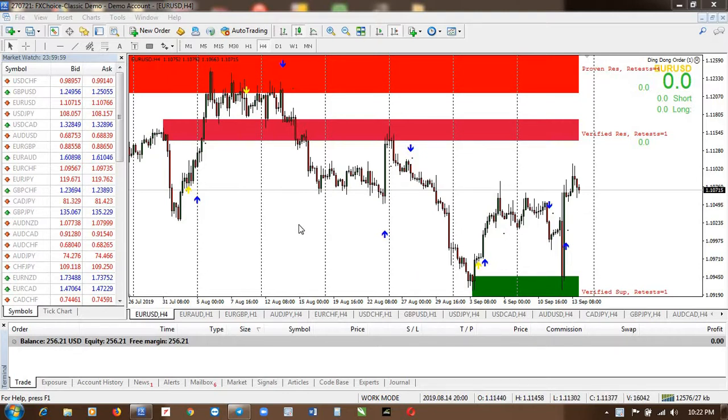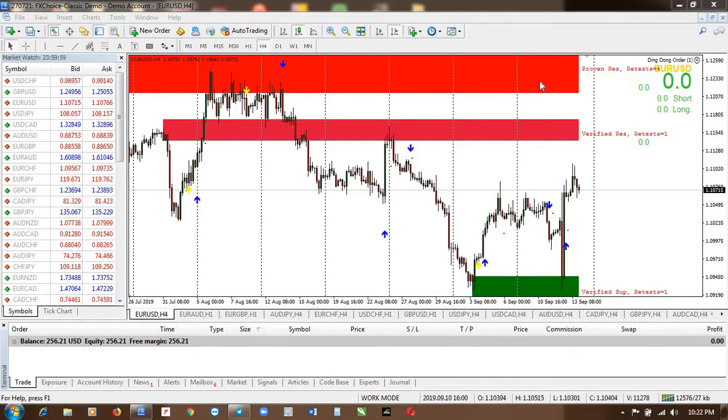Now after the software has been installed on your system, there are some things you need to look for before you take your trade. We focus on the support and the resistance. Are you getting me? And what are the things that qualify the support and resistance?